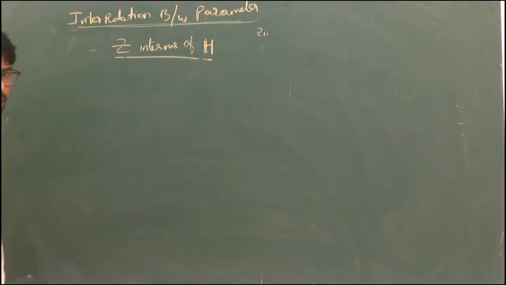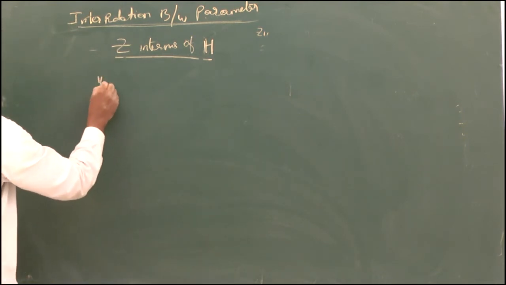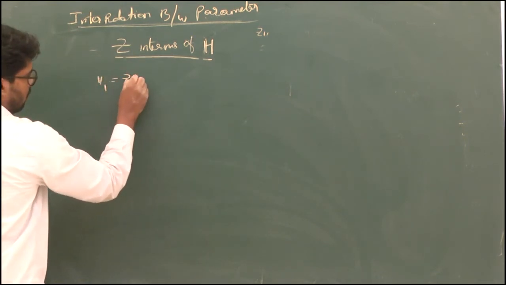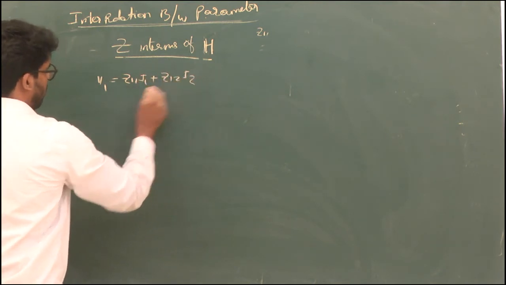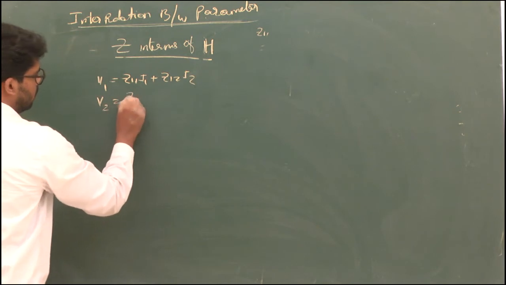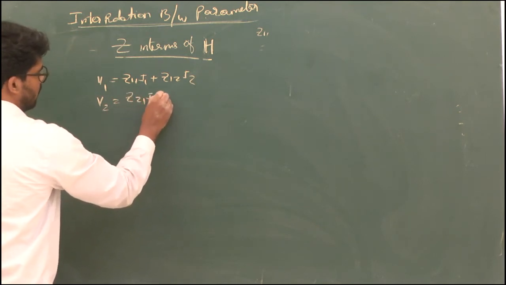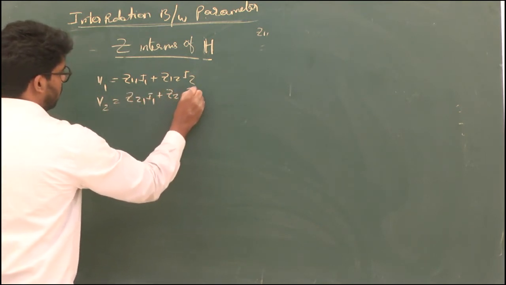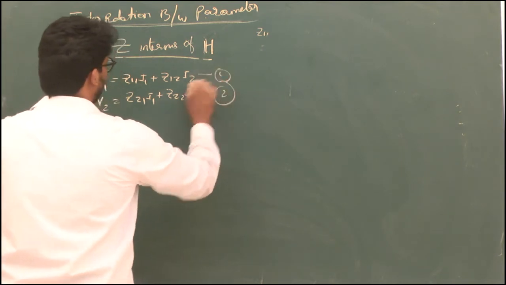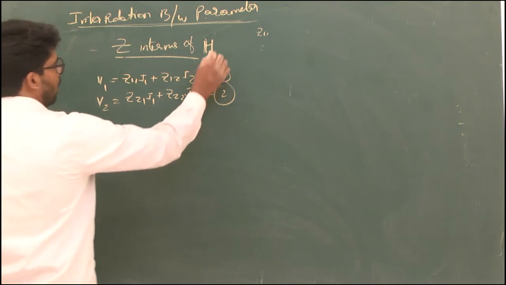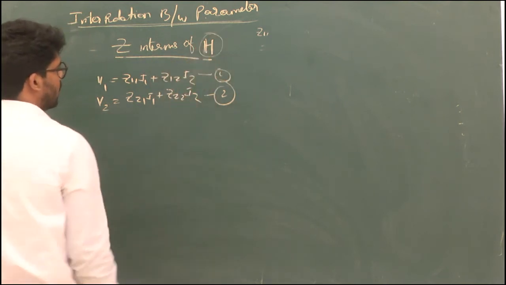What are the z parameters we have? Again I am defining V1 equal to Z11 I1 plus Z12 I2 and V2 equal to Z21 I1 plus Z22 I2. So this is equation 1 and equation 2. We need Z parameters in terms of H parameters.